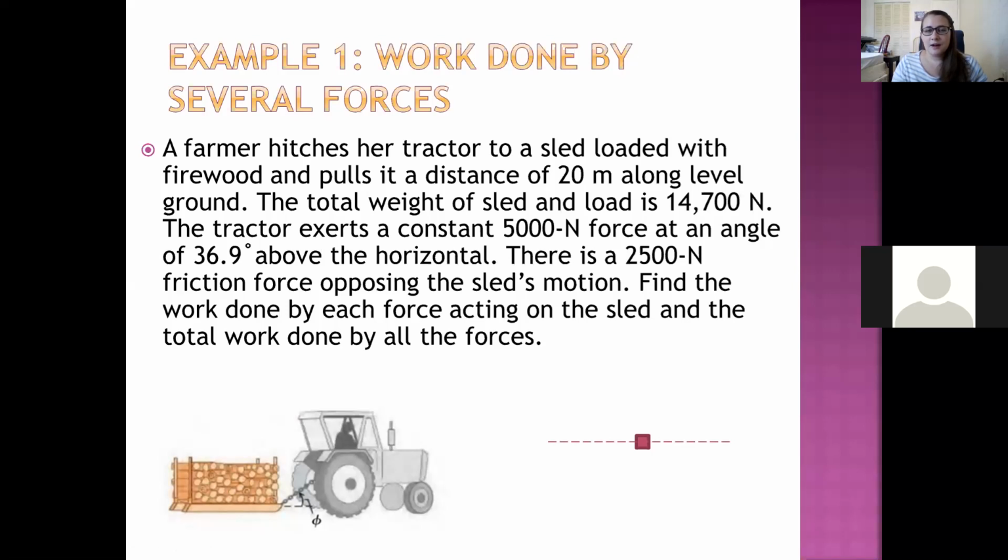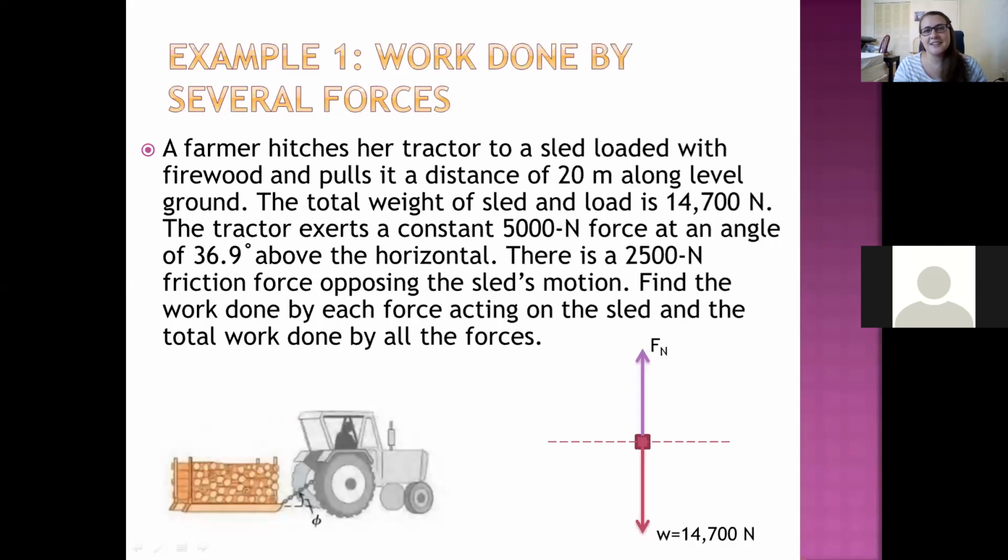So here's our object. I'm drawing in the x-axis because we do have a force acting on an angle, and I just want to have a reference point. We have the force of gravity, or the weight, pulling down, and that's 14,700 newtons. The normal force from the ground holding it up, we don't know how big that is. Is the normal force equal to the force of gravity?